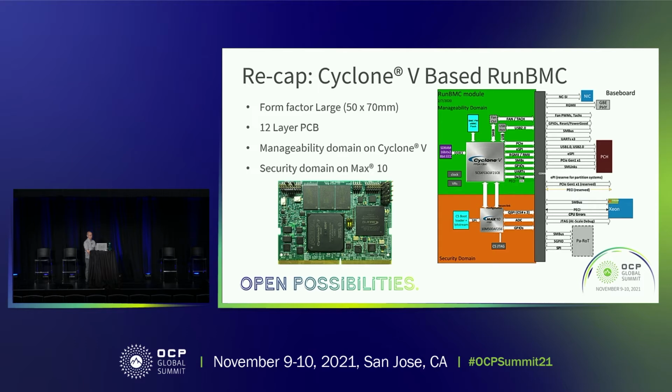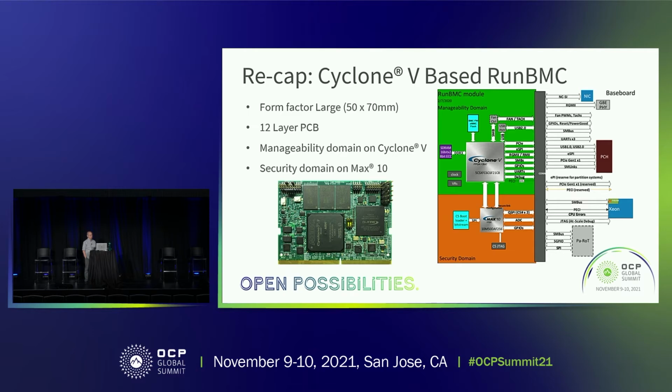So when we started the design, the RunBMC specification was just published. The conclusion was that the RunBMC standard, in combination with an FPGA-based management solution that is also a system on a chip with ARM cores capable of running OpenBMC firmware, checked all the boxes. That's why we decided that's what we wanted to do as a solution to those problems. As you can see on the diagram, we split the module into two portions.